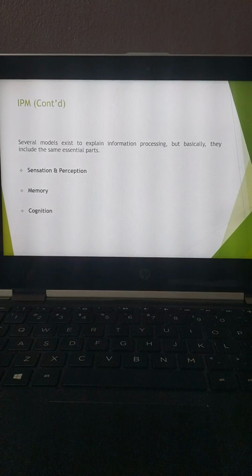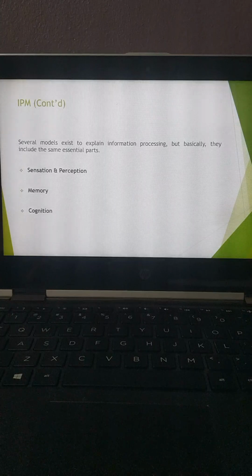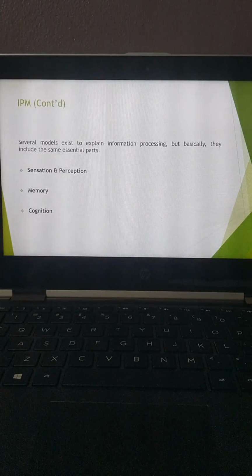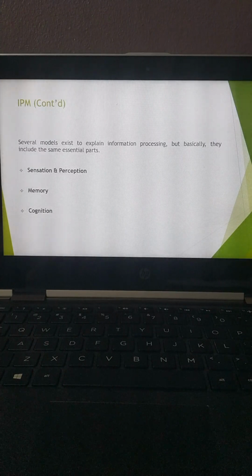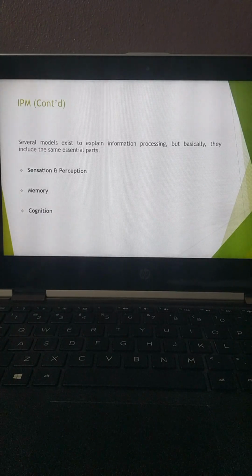Several models exist to explain information processing, but basically they include the same essential parts. There are other models that help to explain how the human brain processes information, but all these models make reference to these parts, which are sensation and perception, memory, and cognition.